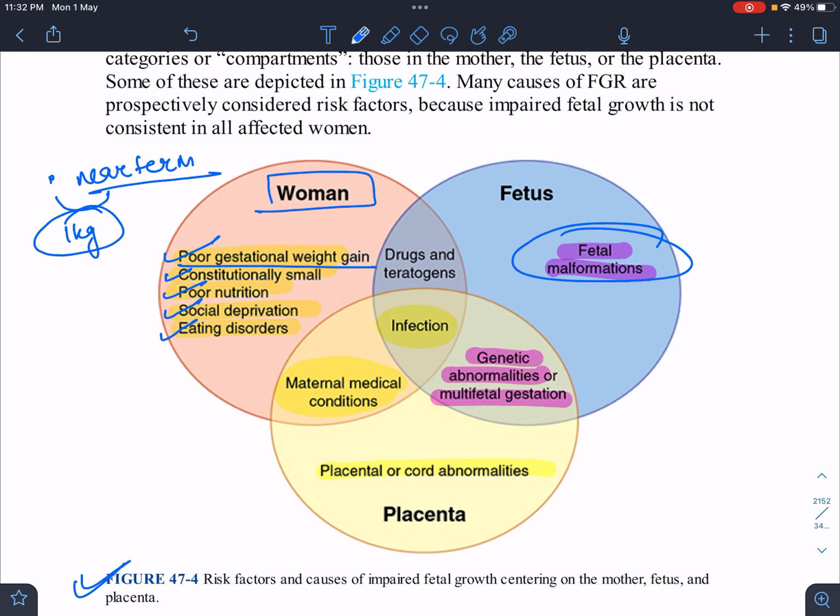Fetal malformations can be there, which usually we end up detecting, so we never reach a point where we have to screen for FGR, but by chance in places where there is not good screening, or women don't get ultrasound appropriately, or do not get appropriate antenatal care, you can miss out on these, and you can detect these fetuses as FGR fetuses, and when they are born you can find that fetal malformations are present.